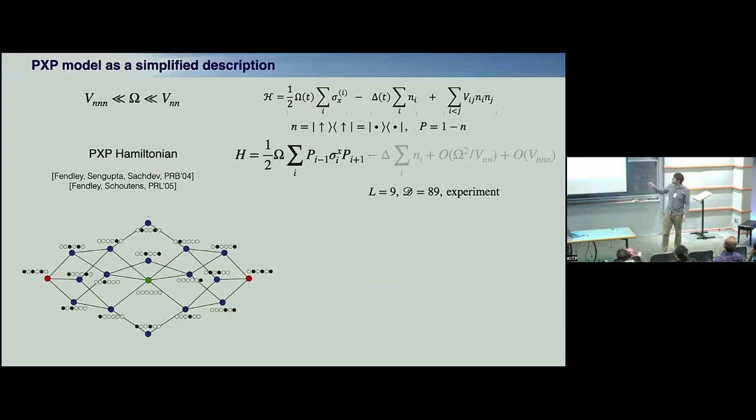So the dominant term in my Hamiltonian becomes Rabi oscillations constrained by these projectors. It says that I am oscillating only if both neighbors are in the ground state, otherwise I'm frozen. The chemical potential is still there, tunable in experiment, and we can set it to 0. There are going to be some corrections which will pop up a few slides later, but for now I'm ignoring them.